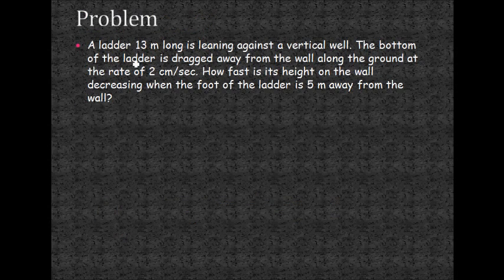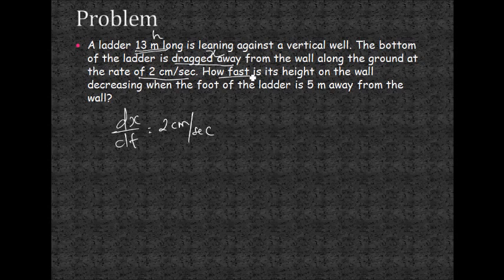A typical question: a ladder 13 meters long, which is the hypotenuse, is leaning against a vertical wall. The bottom of the ladder, which is x, is dragged away from the wall along the ground at the rate of 2 centimeters per second, which means dx/dt is 2 centimeters per second.